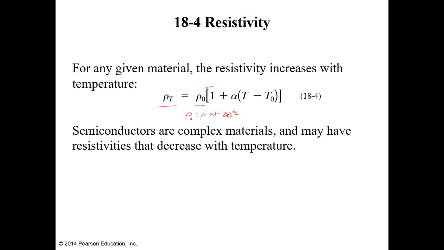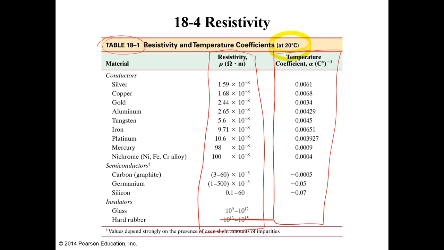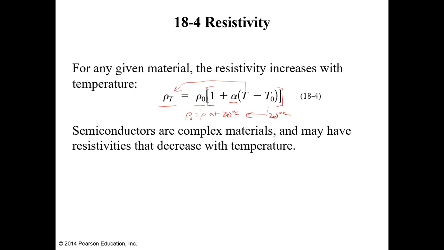And that's going to be multiplied by this large quantity, 1 plus your temperature coefficient times your change in temperature. This is the temperature at which you're determining the resistance, and T naught would be whatever your reference temperature is. In this table, our reference temperature is 20 degrees Celsius.